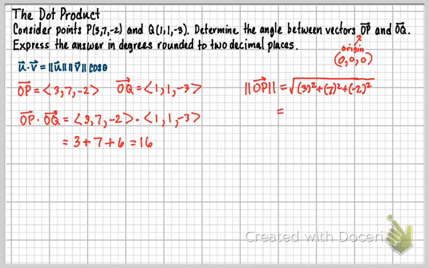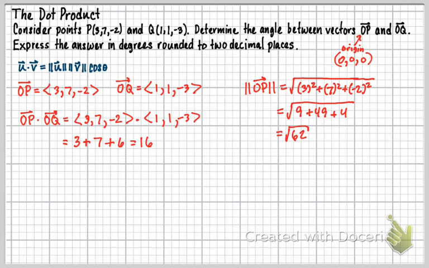So that equals the square root of 9 plus 49 plus 4, so our answer becomes the square root of 62. I always look to simplify these, but if I divide 62 by 2, that's 2 and 31. Neither one of those results in a perfect square factor, so I keep it as the square root of 62.